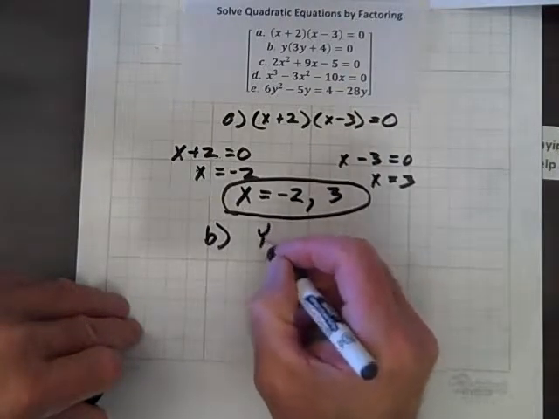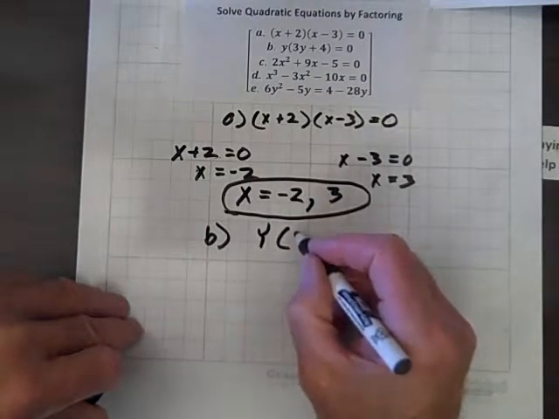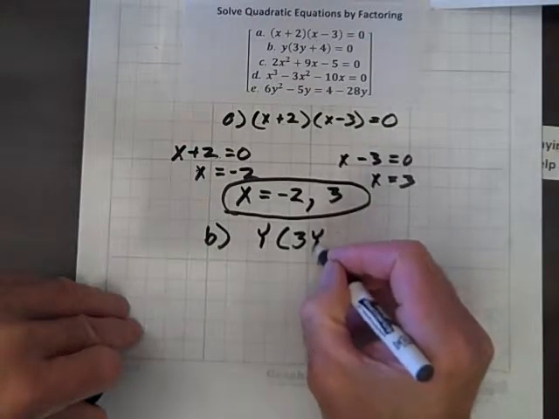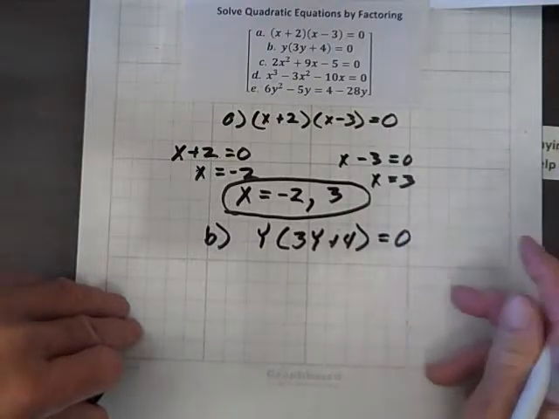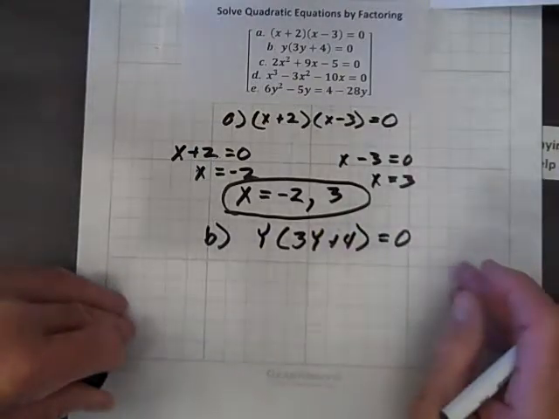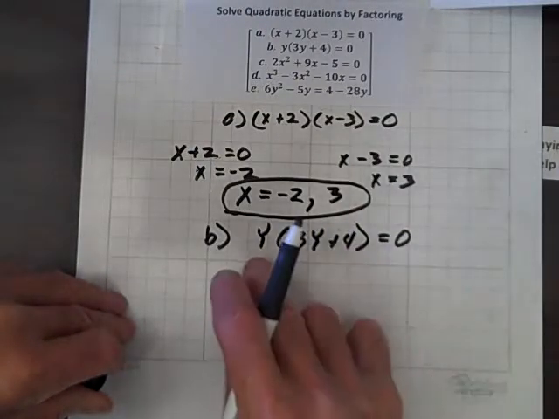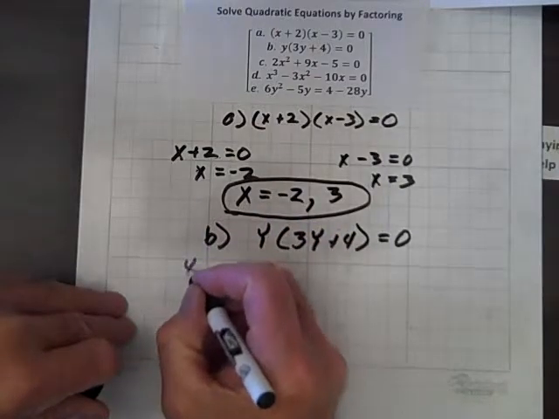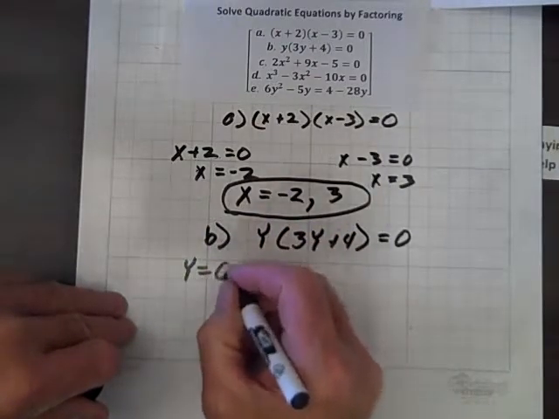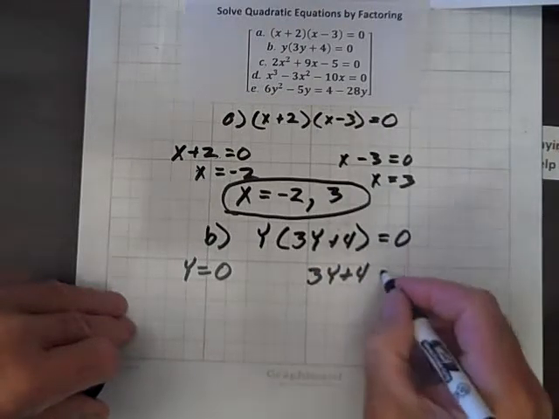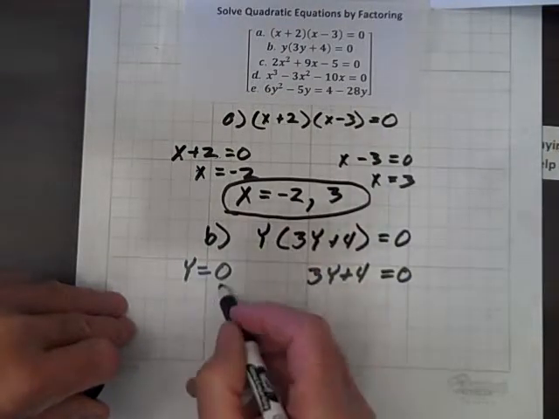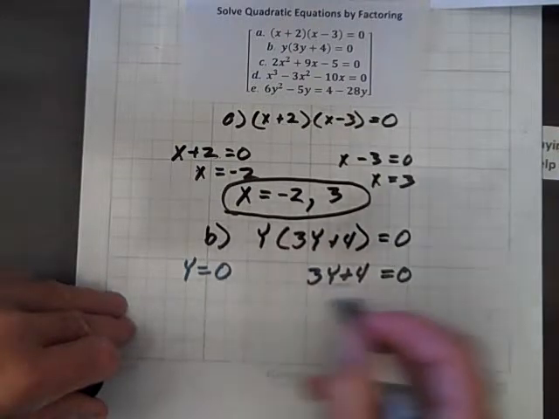y times the quantity 3y plus 4 equals 0. And this is already factored. So we'll set each factor equal to 0 and solve. This one is already solved: y equals 0.